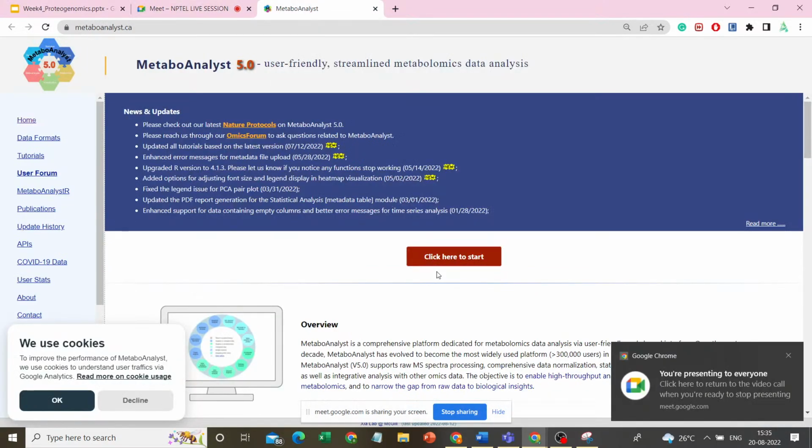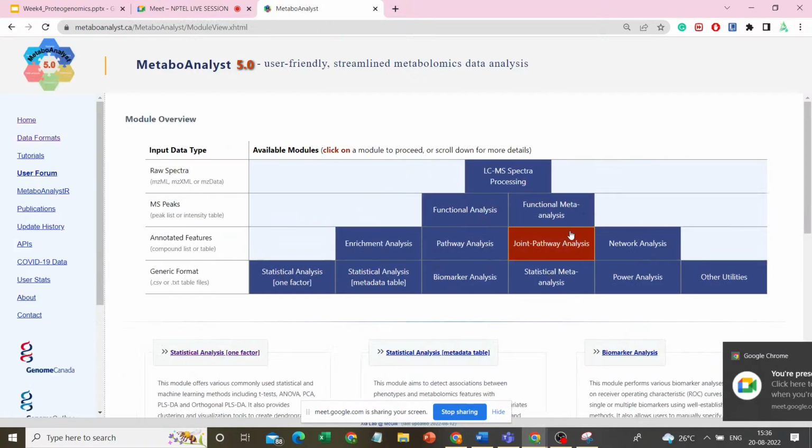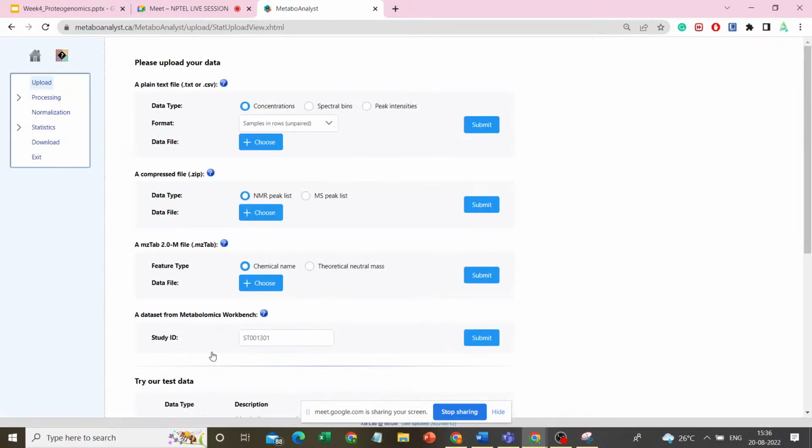Now we click here to start, and you will get this kind of page where you will get LCMS spectra processing. You can see raw spectra, mzML, mzXML. mzML and mzXML are formats of the raw spectra that are readable by different software. Then there are peak intensities, enrichment analysis, and statistical analysis. So where will we go? We will go to statistical analysis, one factor. Okay, and you can see this kind of page.